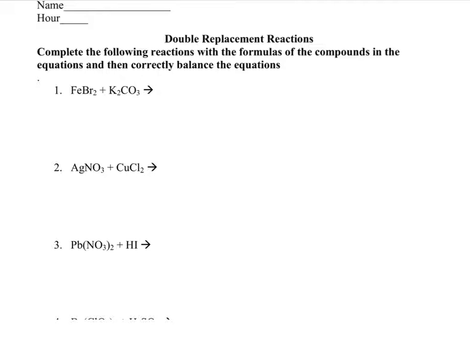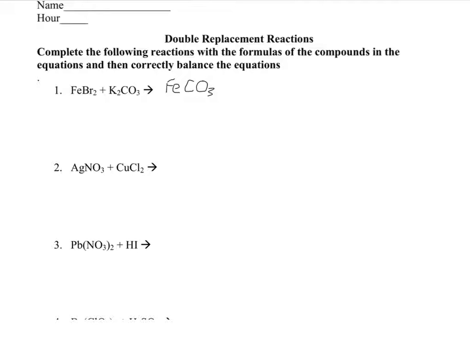The first chemical reaction has us dealing with iron 2 bromide and potassium carbonate. We would swing our partners do-si-do, and I like to keep my iron in the same place, so I would have iron 2 carbonate. When we do these, it is still important to pay attention to the charges.